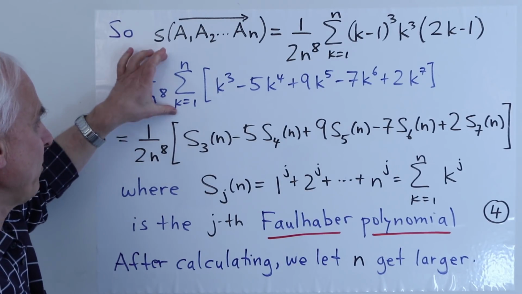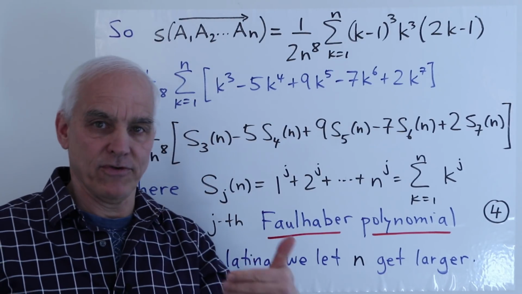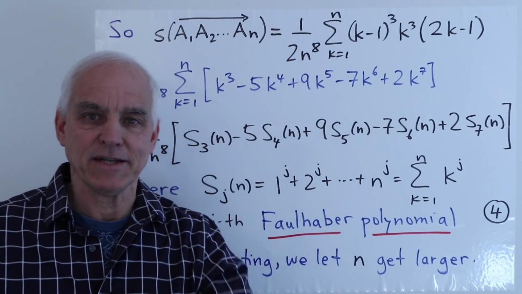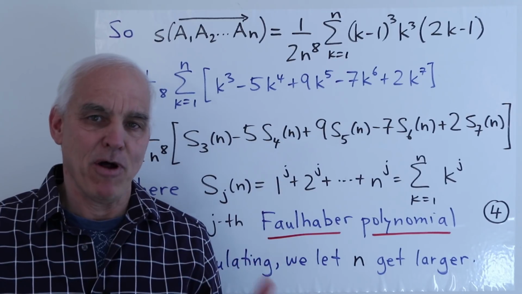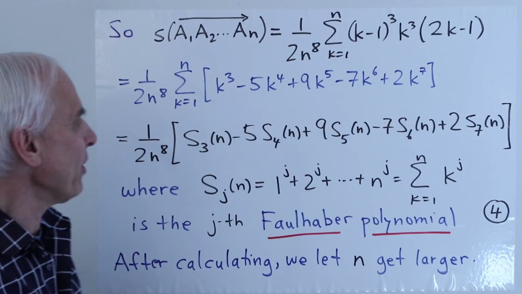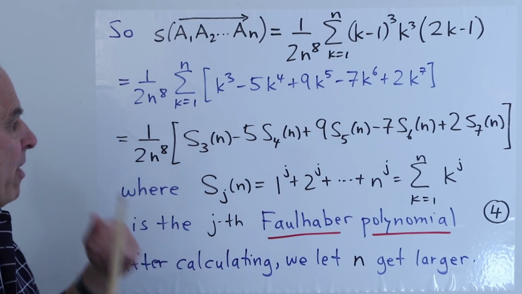Okay, so how are we going to compute such a thing? Well, we have sums of powers of natural numbers going from 1 to n. Well, that's exactly a Faulhaber kind of situation, right? That's a Faulhaber polynomial there. It's exactly what we've spent time learning about. So we know how to compute these things. We need the Faulhaber polynomials.